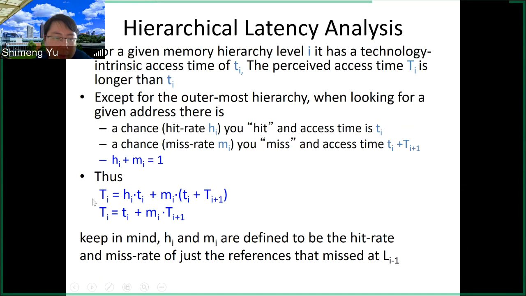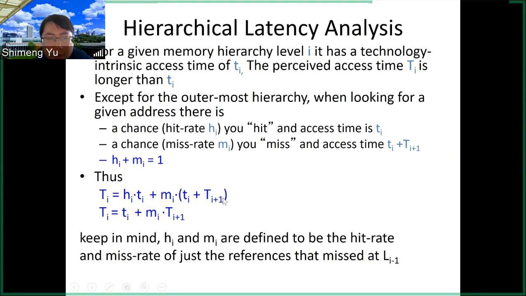So overall, the perceived access time for this level I, big Ti, equals, if you hit the data, Hi times small ti, plus if you miss the data, Mi times the time you need to fetch the data from the next level.